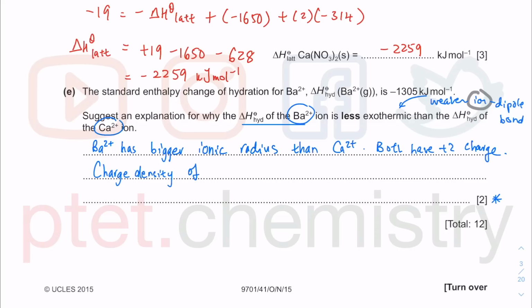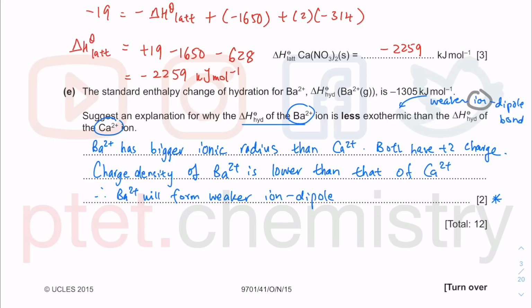So the charge density of Ba2 plus is lower than the charge density of calcium 2 plus. So therefore, Ba2 plus will form weaker ion dipole bonds with water molecules when hydrated.